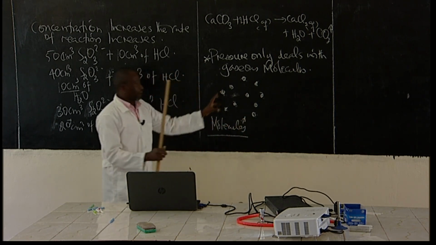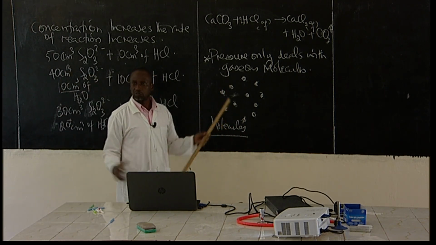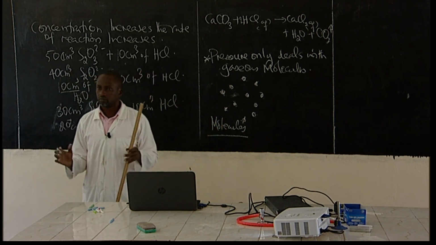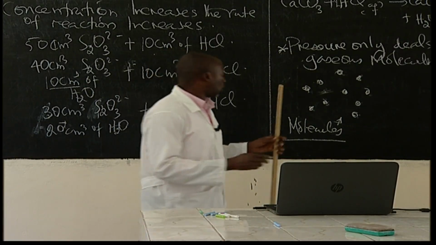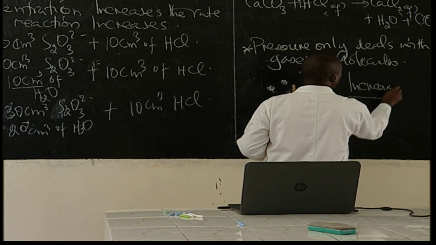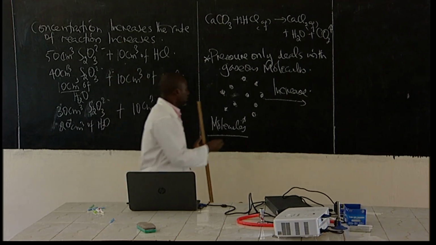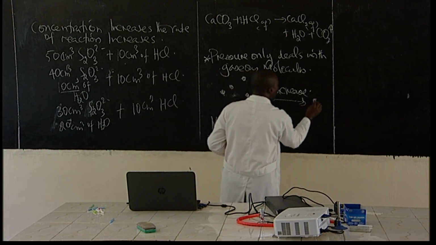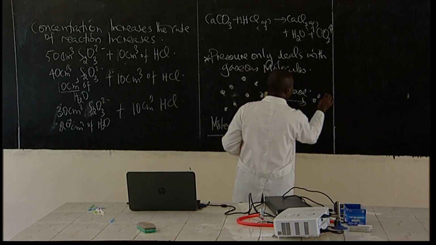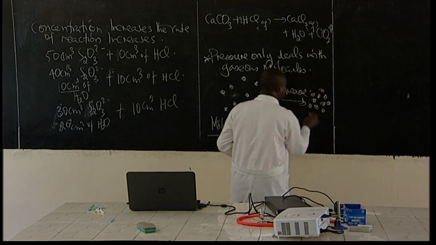Now, when you apply pressure on these gaseous molecules, that means you compress them. What happens here? You increase the pressure on these gaseous molecules, and they tend to come together, close to each other.